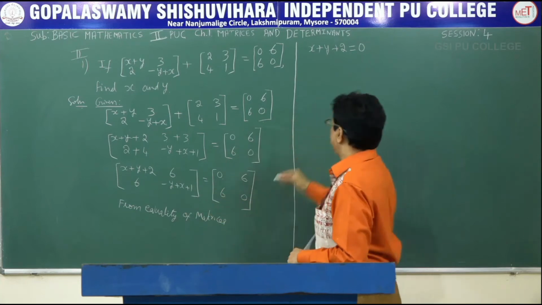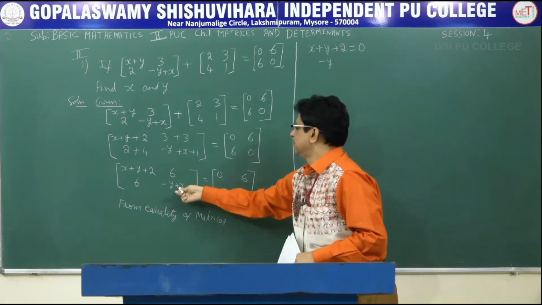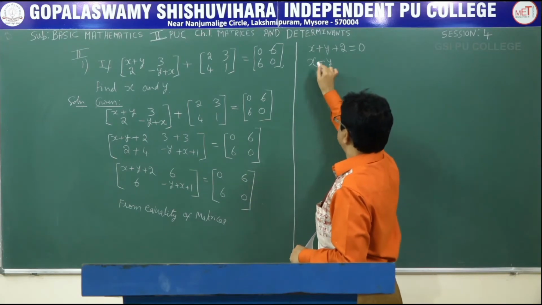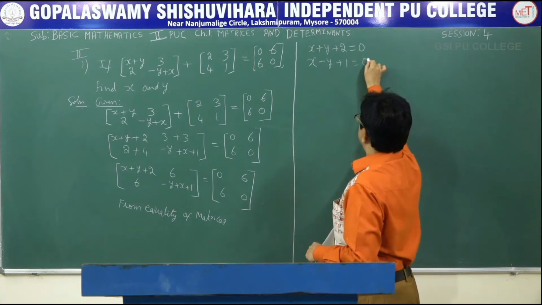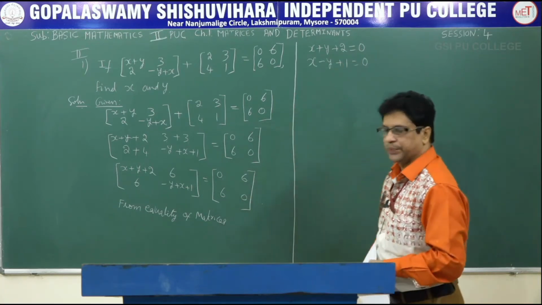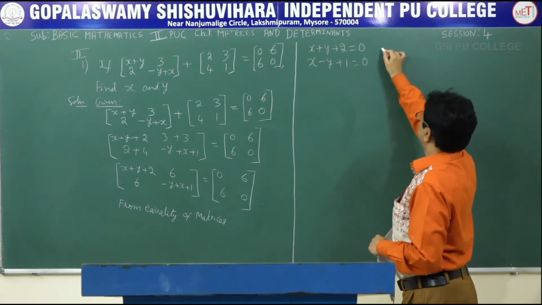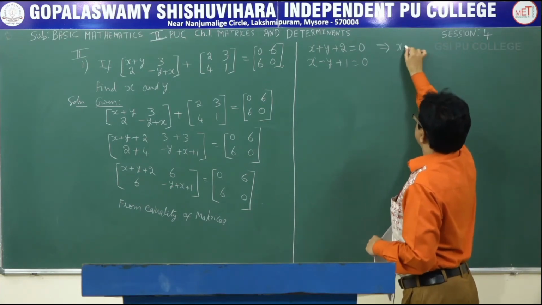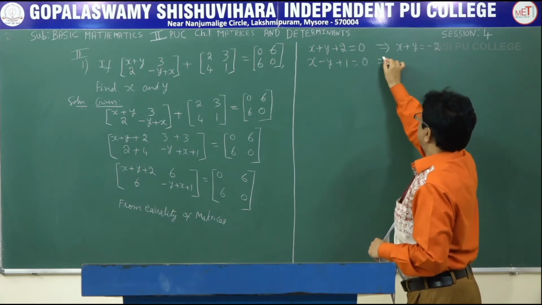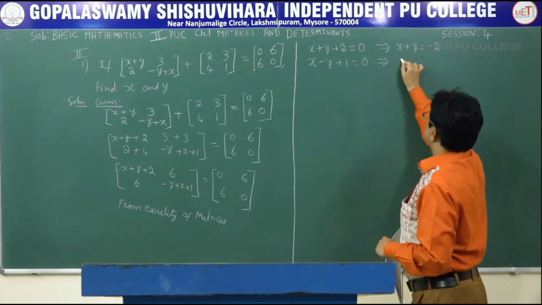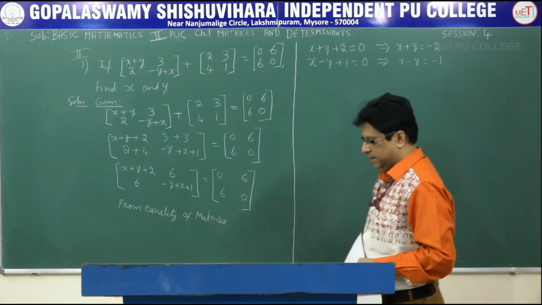Next we have minus y plus x plus 1 will be equal to 0. So this implies x plus y will be equal to minus 2, and this equation implies x minus y will be equal to minus 1.